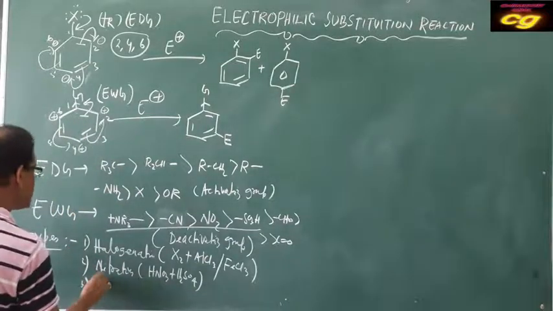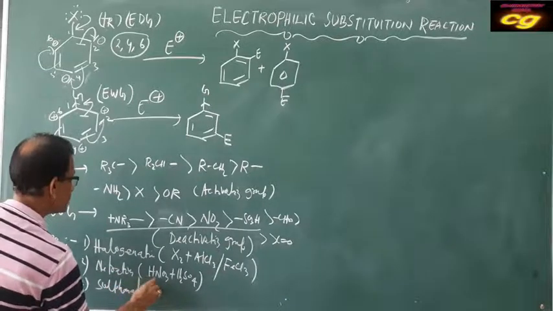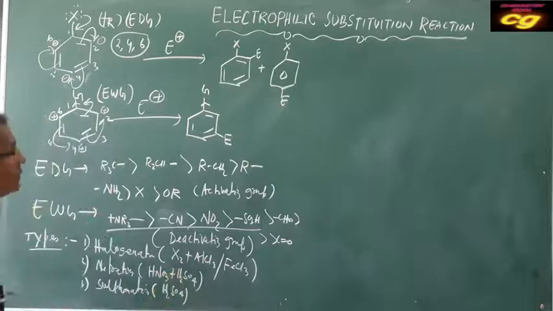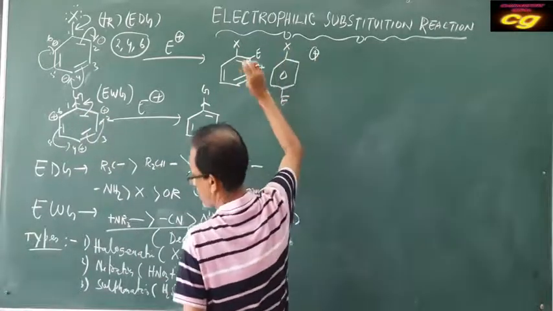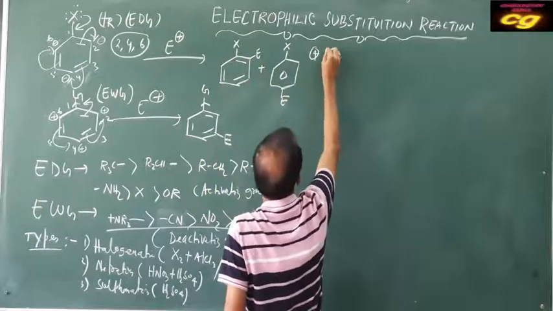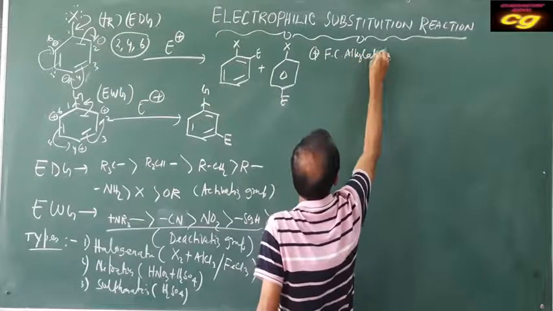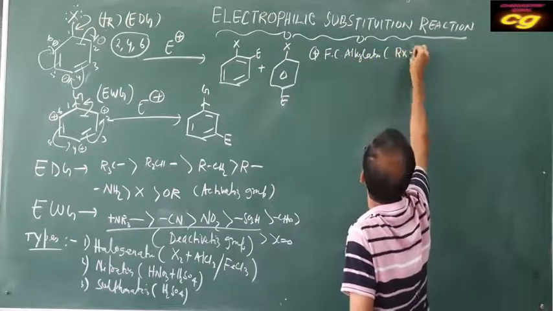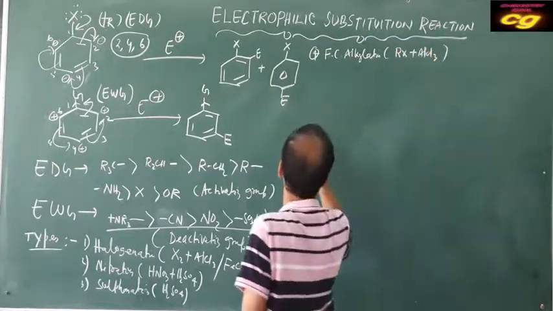Then sulfonation, only sulfuric acid. Then number 4, that is Friedel-Crafts alkylation, already you know, and this is done by RX and then aluminum chloride, Lewis acid.